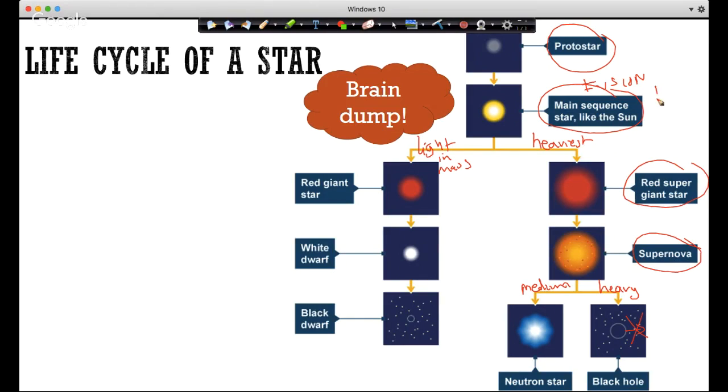Its most common fuels are hydrogen and helium. It's using those fuels up in fusion. Once it starts to use those fuels up, it starts to expand into a red supergiant, using up heavier elements all the way up to iron. And then when it goes supernova, your really heavy elements are going to be formed. So the gold that maybe your parents have on their wedding ring has been created in a supernova somewhere, which is quite a nice thought.